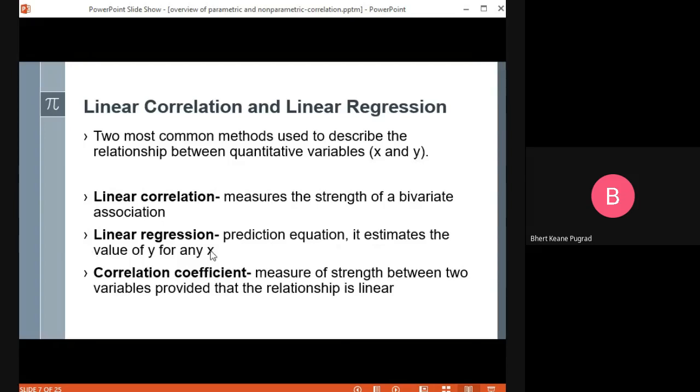How about linear regression? Linear regression is a prediction equation, and it estimates the value of Y for any X. For example, the academic performance of students, or their score, and their anxiety level. Is there a relationship between their anxiety level and their score during an exam?